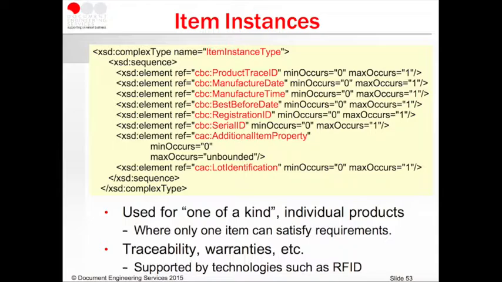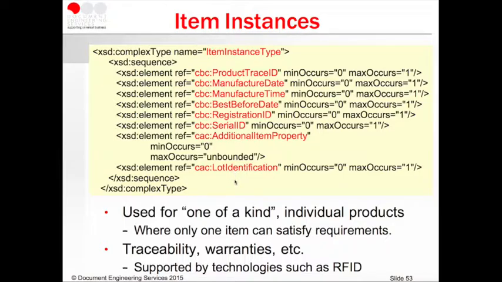So when we talk about item instances, there's a lot of information about the life cycle and the traceability of that object. So this is the schema for item instance, and you can see it has its trace identifiers, which various schemes exist. It has things like best before, manufactured date, and it has the identification of the lot in cases of batched products.